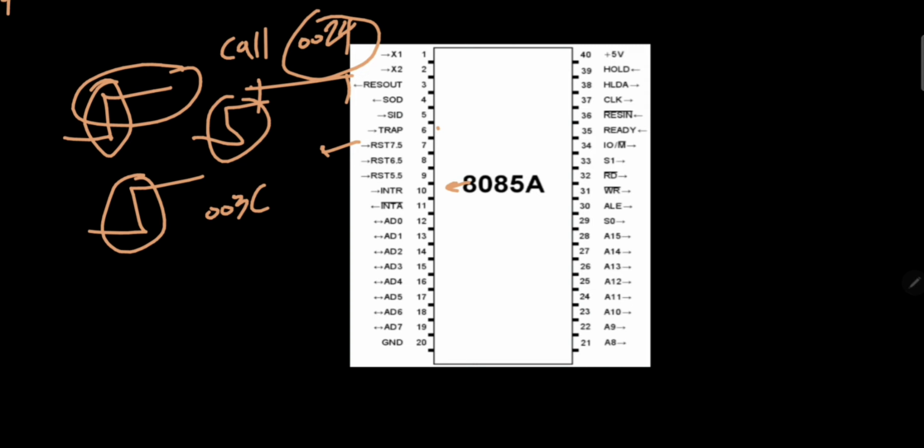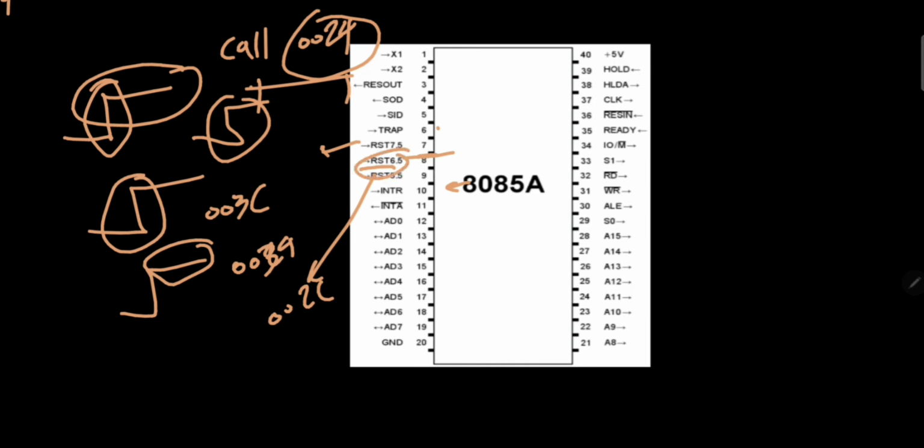So the next pin is RST 6.5, meaning that when pin number 8 is high, not going high, when it's high, then the CPU would again push anything in the PC on top of the stack, then jump to the location 0034.